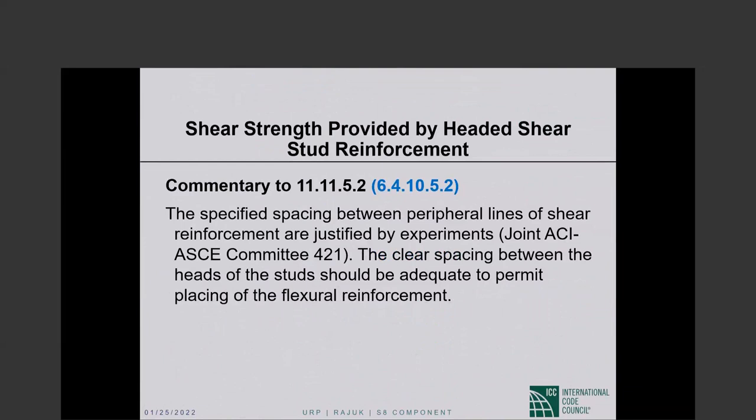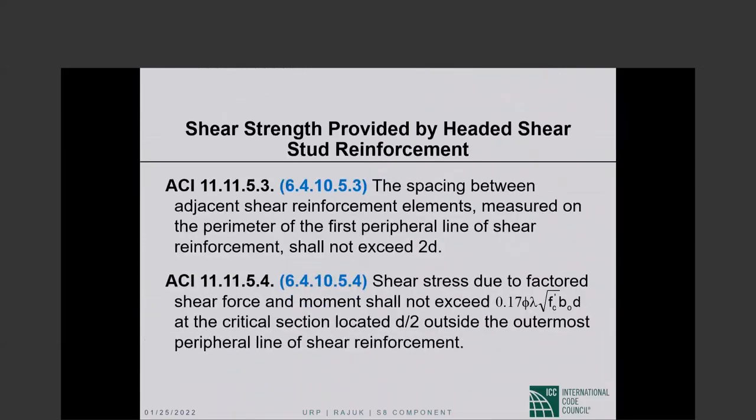The specified spacing between peripheral lines of shear reinforcement is justified by experiments that are reported in that joint committee report. So the spacing between adjacent shear reinforcement elements measured on the perimeter of the first peripheral line, and so on.